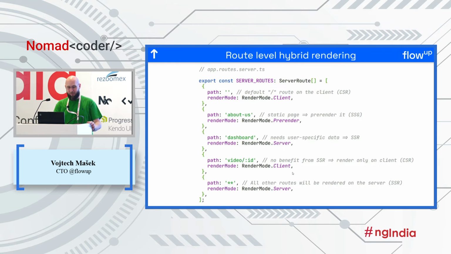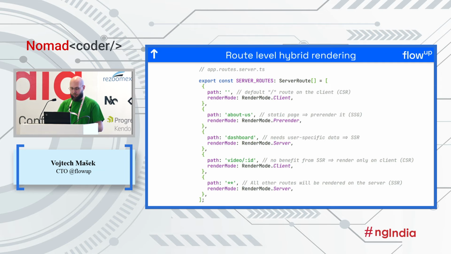You don't need to pre-render or server-side render this at all. Why? Because the video wouldn't even load on a server. It's completely useless to pre-render or server-side render it. Let's just leave this to the client, and then for everything else, okay, everything else makes sense on a server. So let's do it this way. You can go very deep in a route structure like this and configure everything separately.